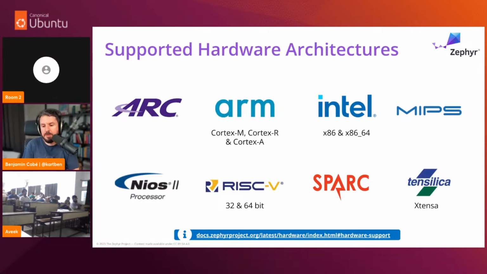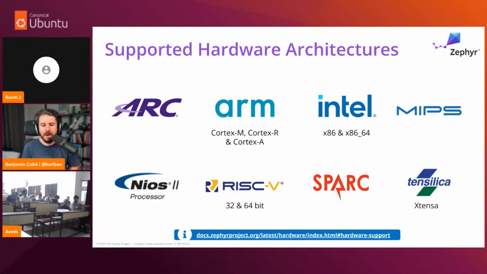So I mentioned that already, but highlighting maybe a few more that I didn't get to mention in this slide just before the previous one. Many, if not all, the typical hardware architectures you would find on small and constrained devices are supported.